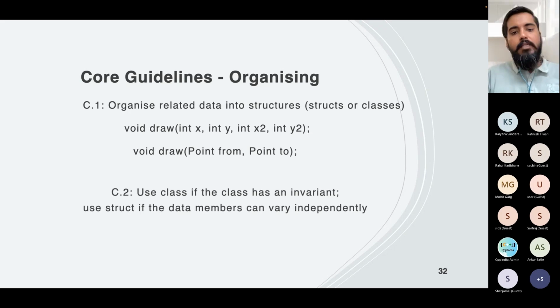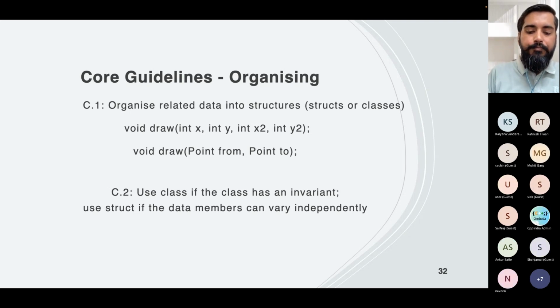Use class if the class has an invariant. Use struct if the data members can vary independently. So what an invariant is, if your data is related. Let's say you have a date. In your date, you will have day, month, year. These are related, and these will not change randomly.